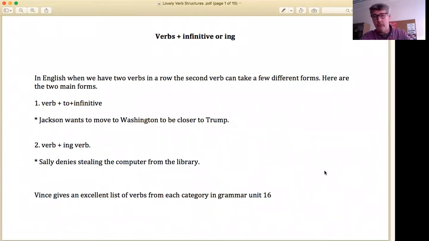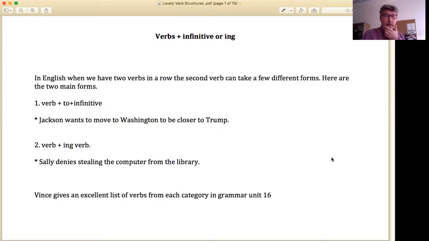We have to first recognize that there's more than one structure when we have two verbs, and then learn which ones use an infinitive, which ones use a gerund as a second verb, and some of them can use both. Some can also use a that-clause, and we'll get into all that. Michael Vence explains all of this really well and breaks it down in a simple form.